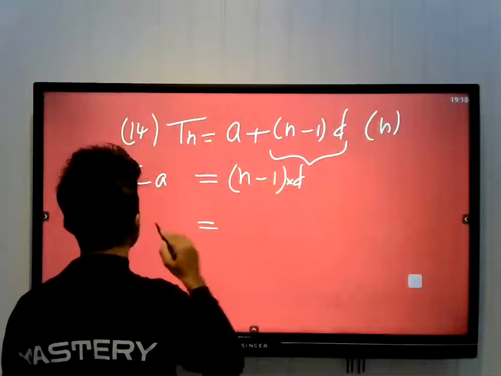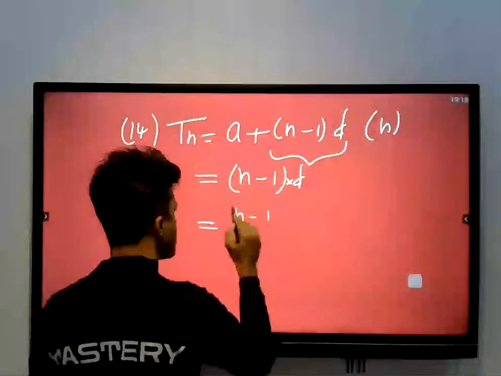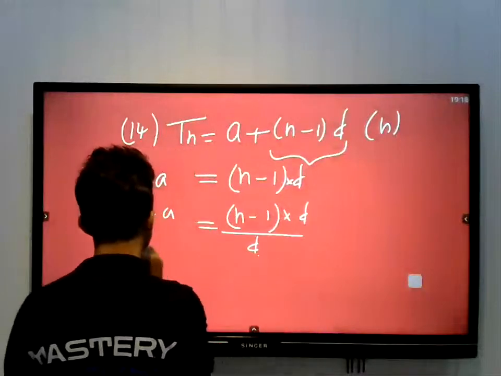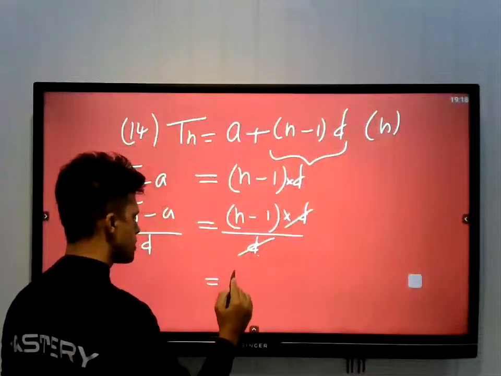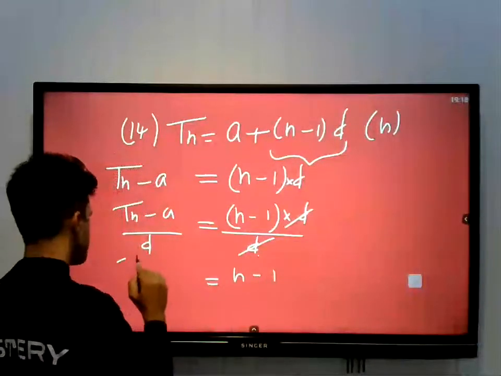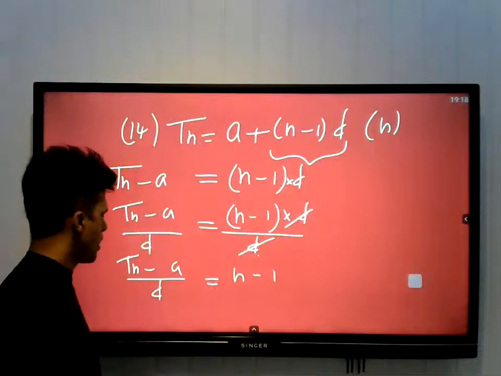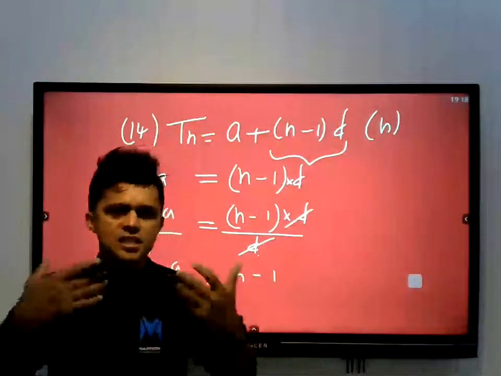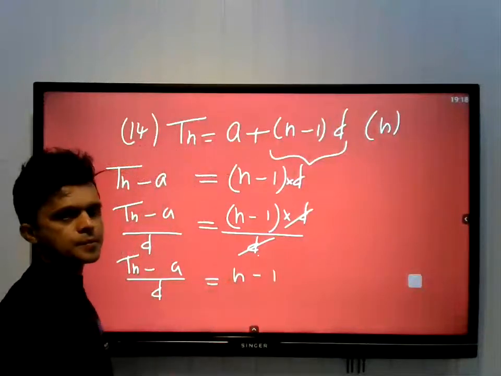Here there is multiplication. Therefore, you can divide both sides by d. So d and d can be cancelled out. n minus 1 equals Tn minus a over d. What is the term that we have to write as the subject? n.